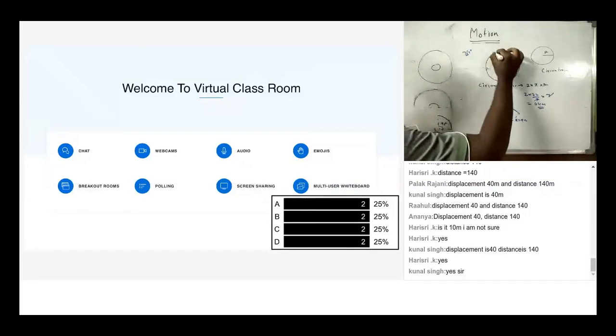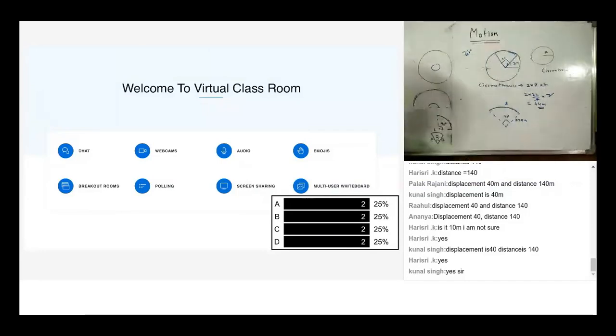So the length is 2 into 22 by 7 into 7 into 90 by 360, which is 1 by 4. That is 44 into 1 by 4, which is 11 meters.